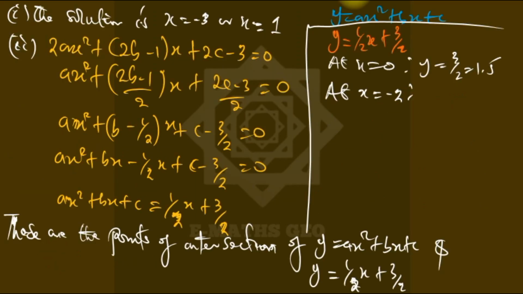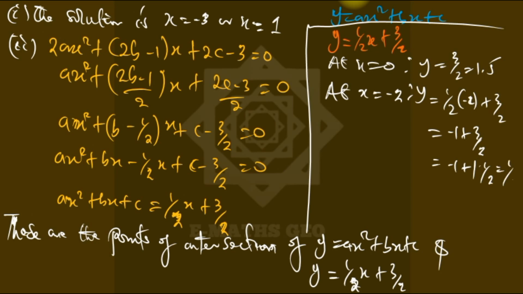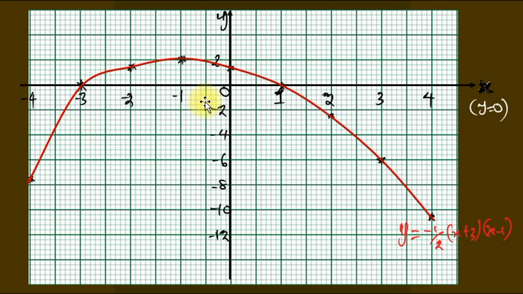So y equals half of minus 2 plus 3 over 2. This is minus 1 plus 3 over 2. So that's minus 1 plus 1 and a half, so we are left with half, which is 0.5. Yes, it's accommodated there.